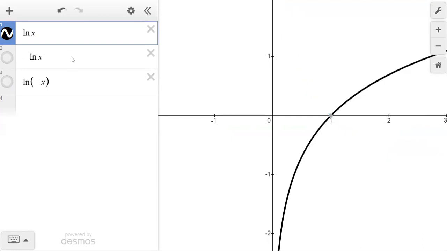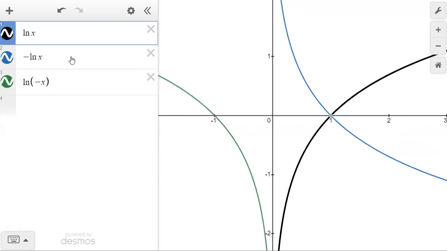This is the function log x. This is the function minus log x. This is the graph of log of minus x. These are the things you have to remember.